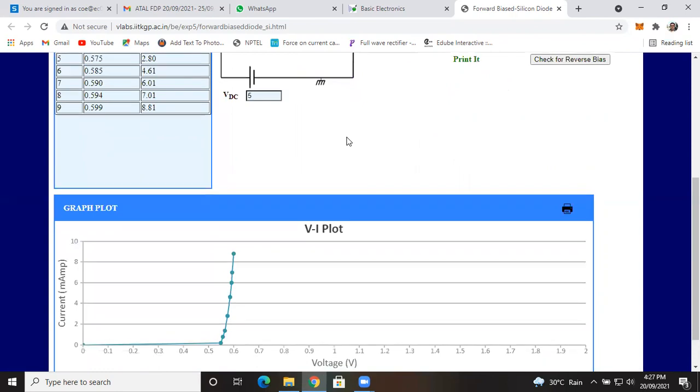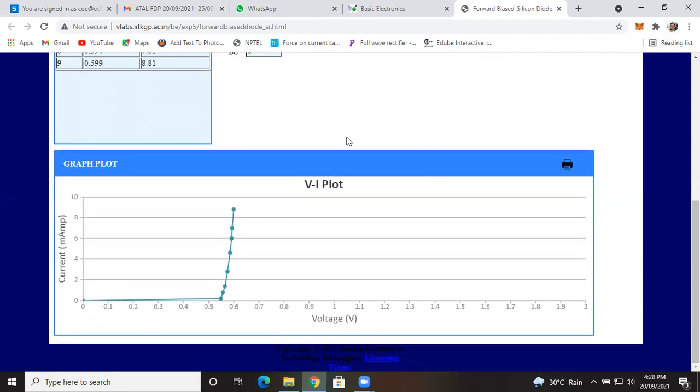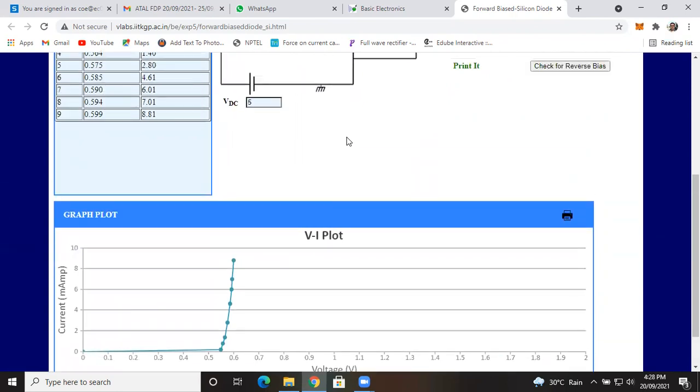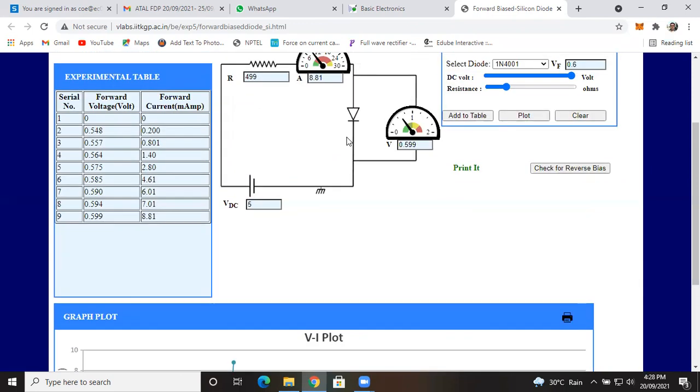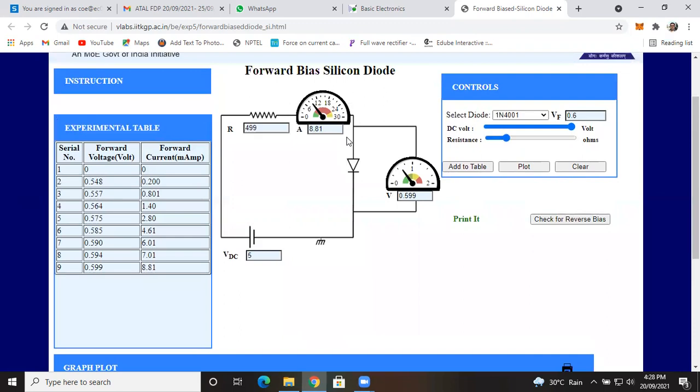If the current goes beyond its maximum limit, then due to the overheating problem, the diode may get permanently damaged. So whenever we have to connect the diode practically in a circuit, we must know how much maximum current can flow through that particular diode, and the diode name is IN4001, and how much maximum voltage we can apply to the PN junction diode.